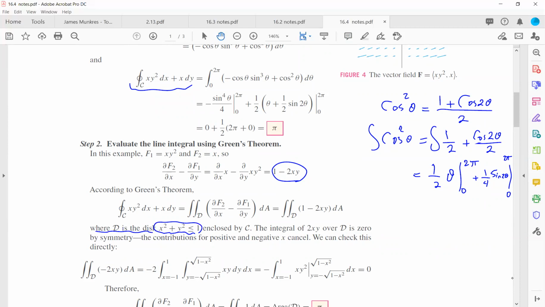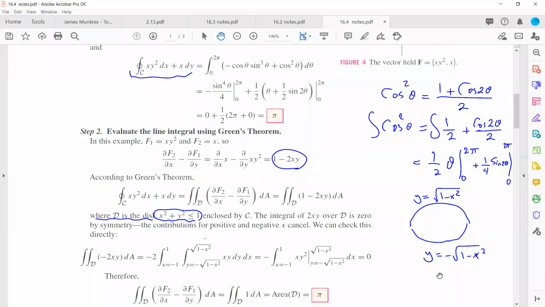So, to find this double integral, you can find the lower and upper limits for y. Because I have a circle, the upper half of the circle is y equals the square root of 1 minus x squared. The lower half of the circle is y equals minus the square root of 1 minus x squared. So my y ranges between negative square root of 1 minus x squared and positive square root of 1 minus x squared, and my x ranges between negative 1 and 1.